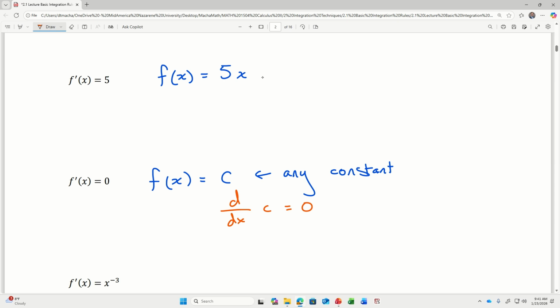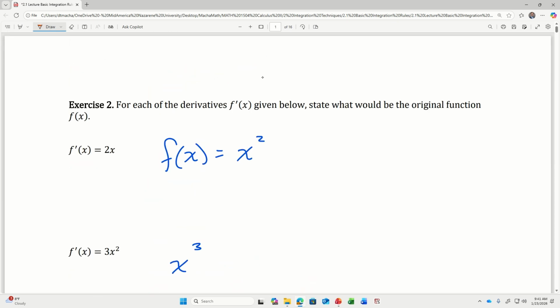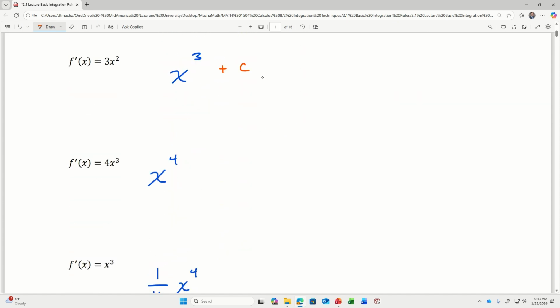And so for that purpose, we could honestly go back through here and say, well, my original function could be x squared plus a constant, because in the derivative, the constant goes to 0. The derivative of a constant is 0, so that x squared plus a constant would still have derivative 2x. And I can do that for every single one of these. For example, the derivative of x to the fourth plus a constant would be 4x cubed.